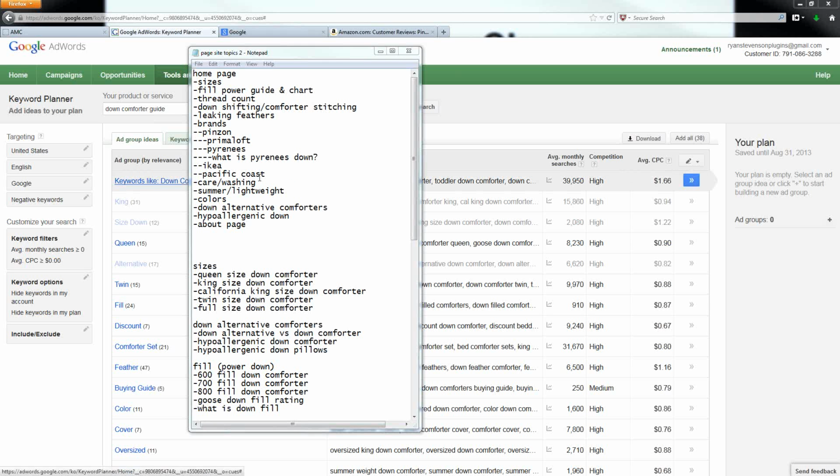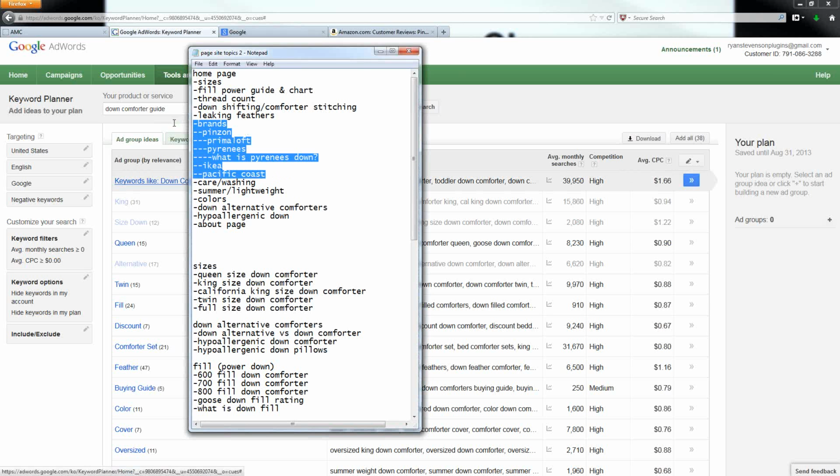However, when I actually look at this list a little closer, I have a lot of different informational pages and a fairly small amount of brand pages and product pages.